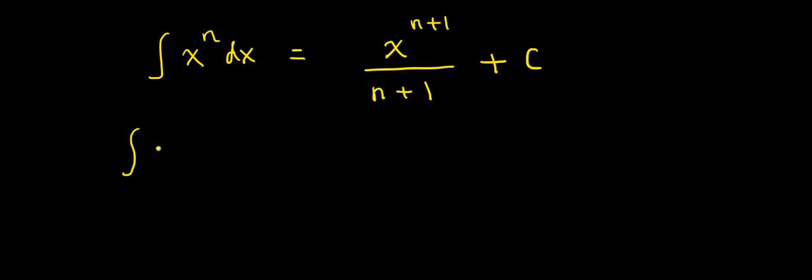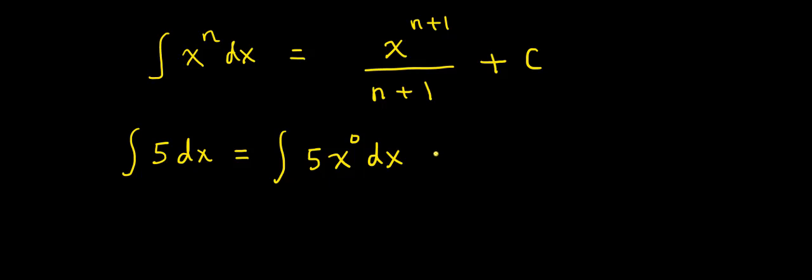What about the antiderivative of 5 dx? It's a constant, right? Now you could rewrite this as 5x to the power of 0, isn't it? So how do you take the antiderivative?